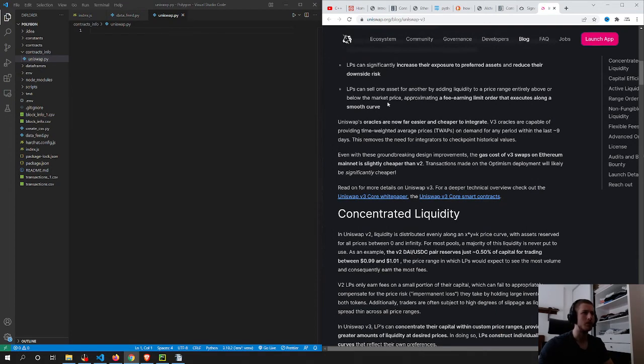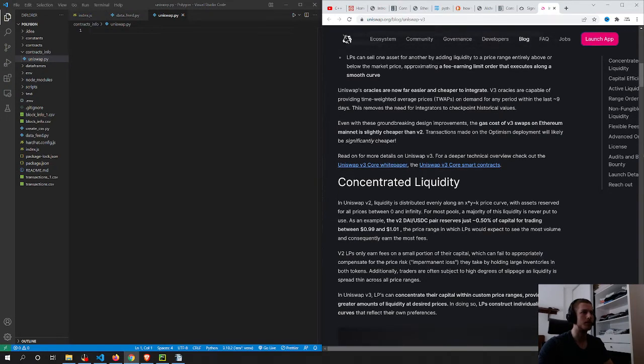LPs can significantly increase their exposure to preferred assets and reduce their downside risk. LPs can sell one asset for another by adding liquidity to a price range entirely above or below the market price, approximating a fee-earning limit order that executes along a smooth curve.